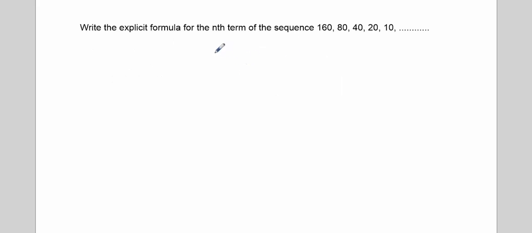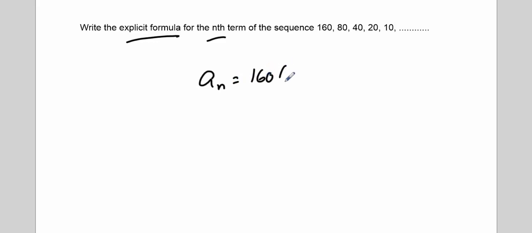Now we'll write the explicit formula for the nth term. Sometimes they'll say write the explicit formula. Sometimes they'll say find the nth term. And you don't know what n is, so they're basically saying, without saying, find the explicit formula. So all we have to do is say, well, my nth term is going to equal my first term.